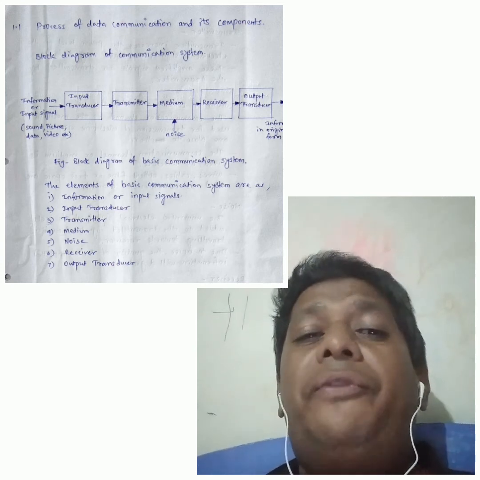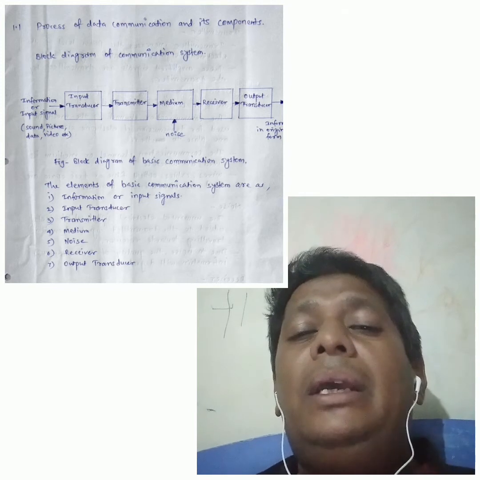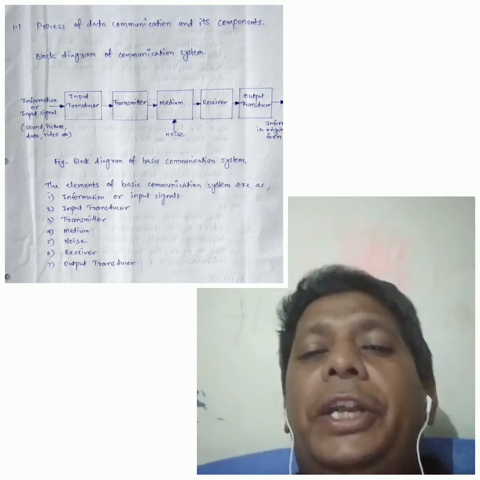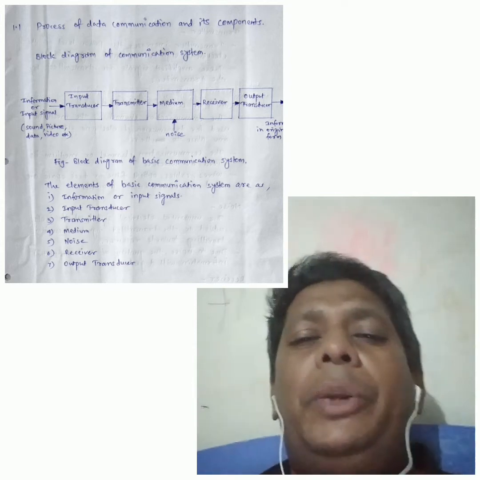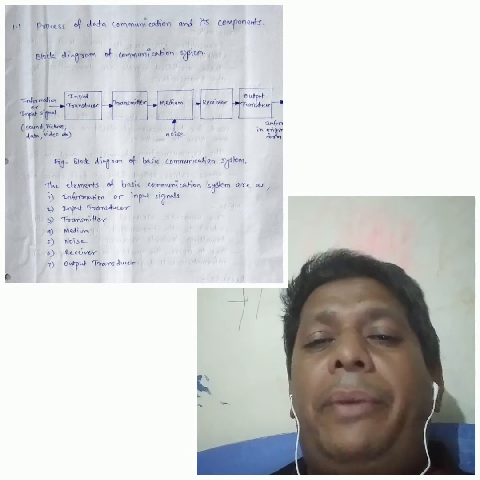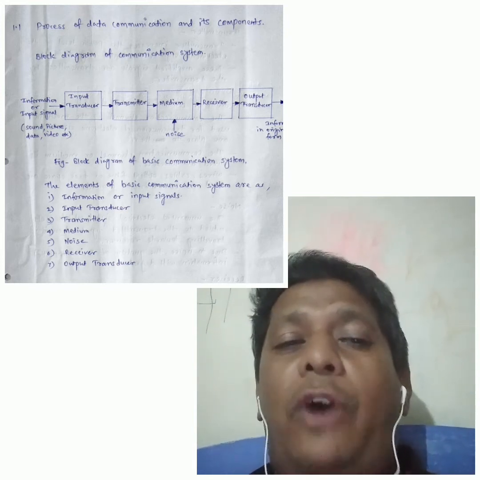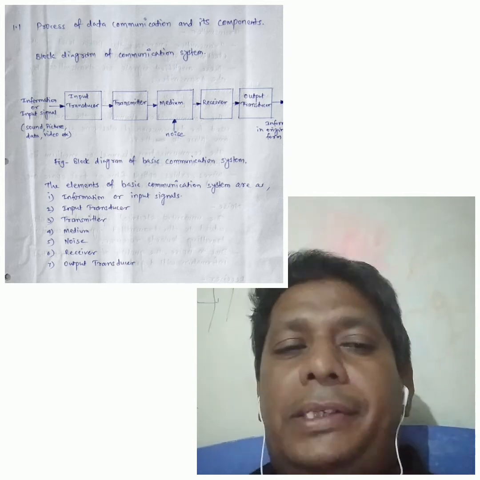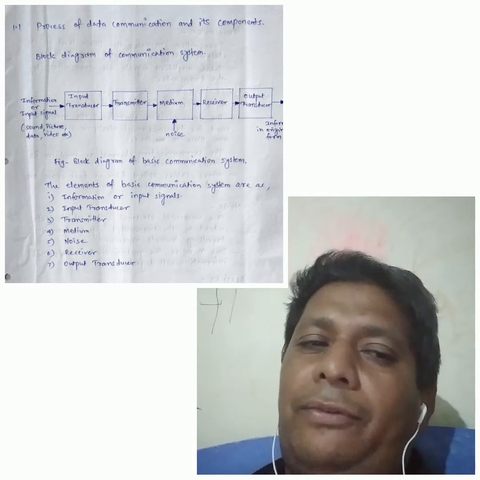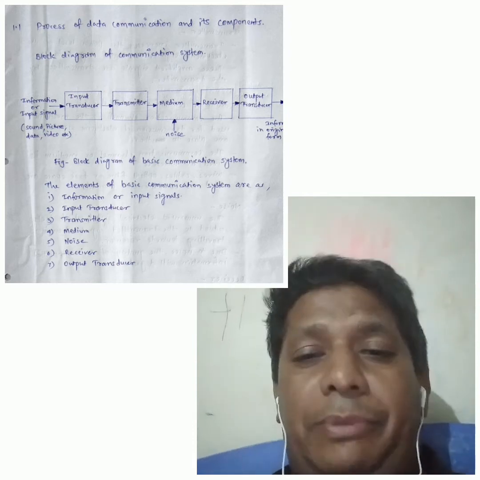So this information needs to be converted into suitable electrical signals by using the input transducer. The input transducer converts the information, or we can say input signal, into electrical signals. These electrical signals are given to the transmitter.